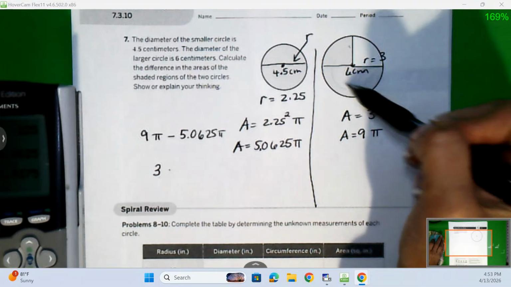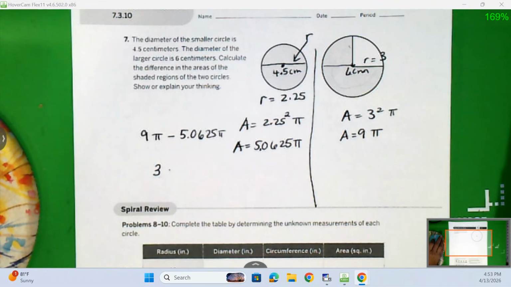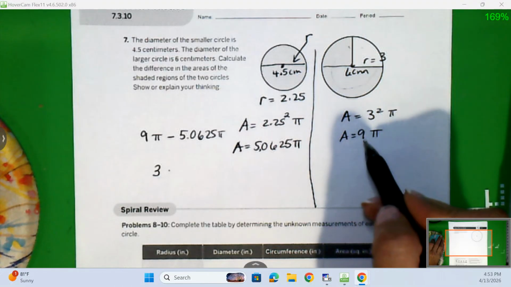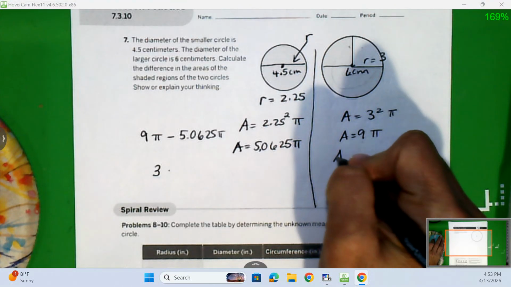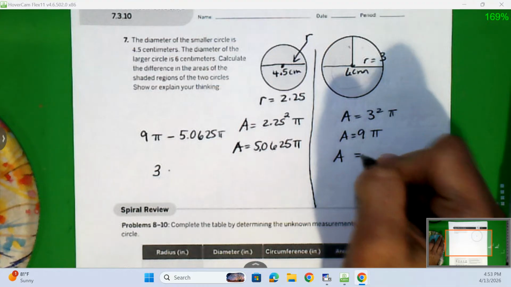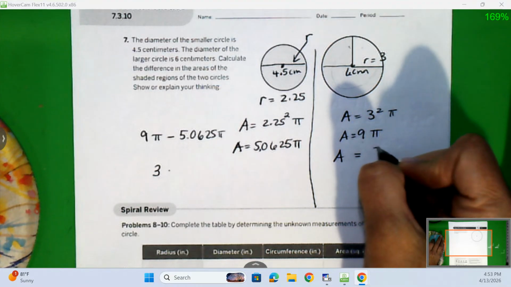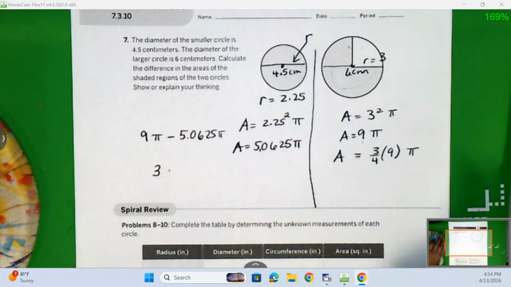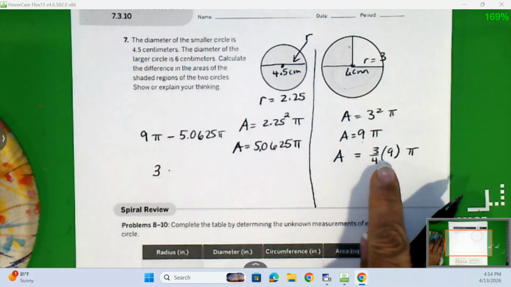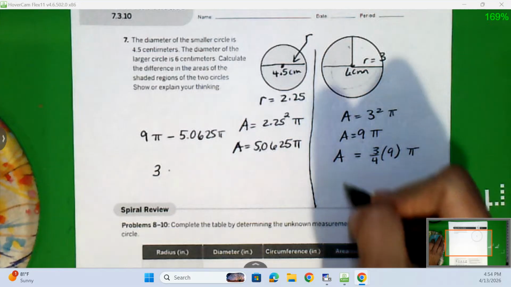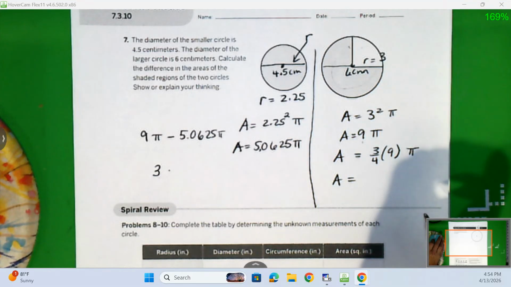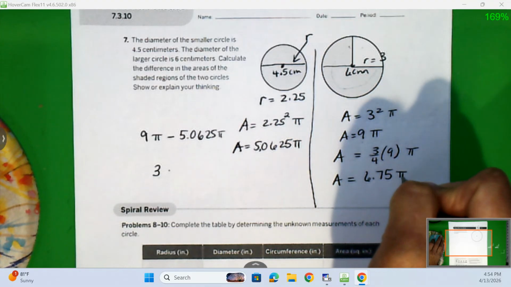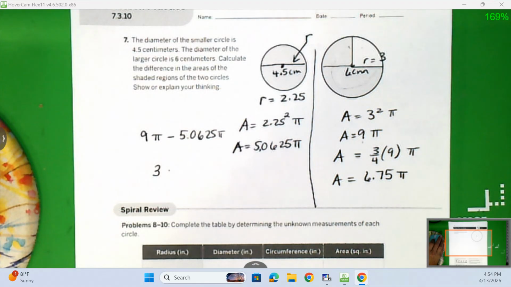We only have 3/4 of the circle there. We don't have a full circle. It's not all shaded. So we're going to have to take 3/4 of 9 pi, because we have 3/4 of that. So we're going to have to do 3/4 times the quantity 9 pi. So we only have 3/4 of it. So 3/4 of 9 is 6.75 pi. Okay, that makes a big difference.